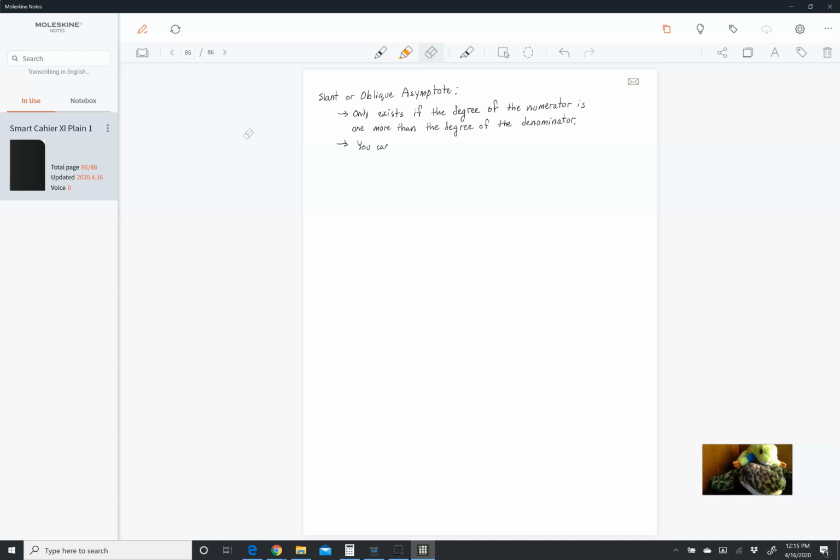You can't have both a horizontal asymptote and a slant asymptote for the same reason, okay? That it wouldn't be a function. You can also see it from what we just wrote.